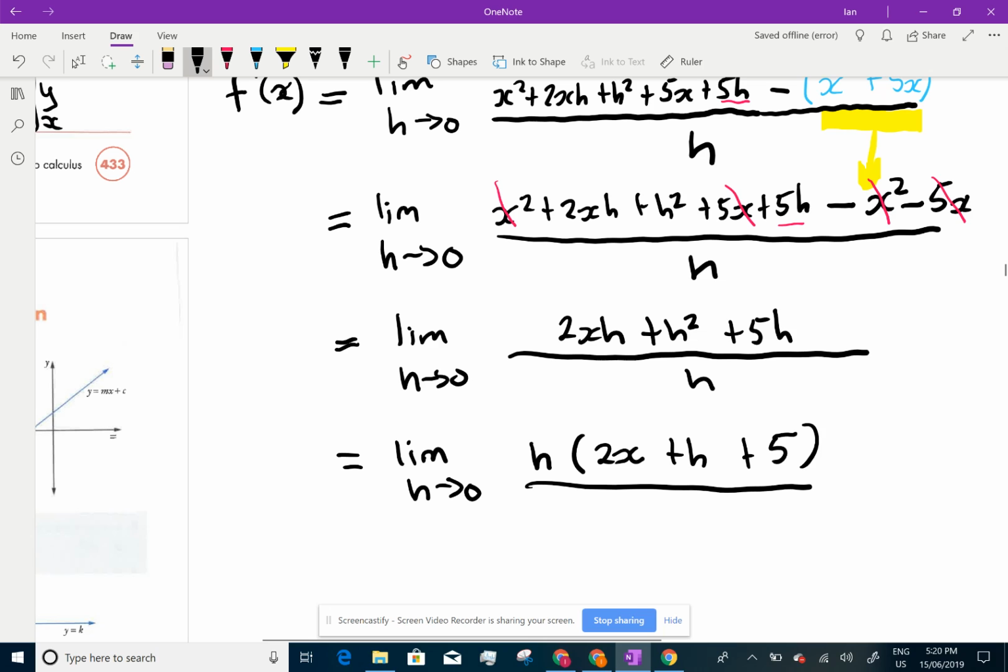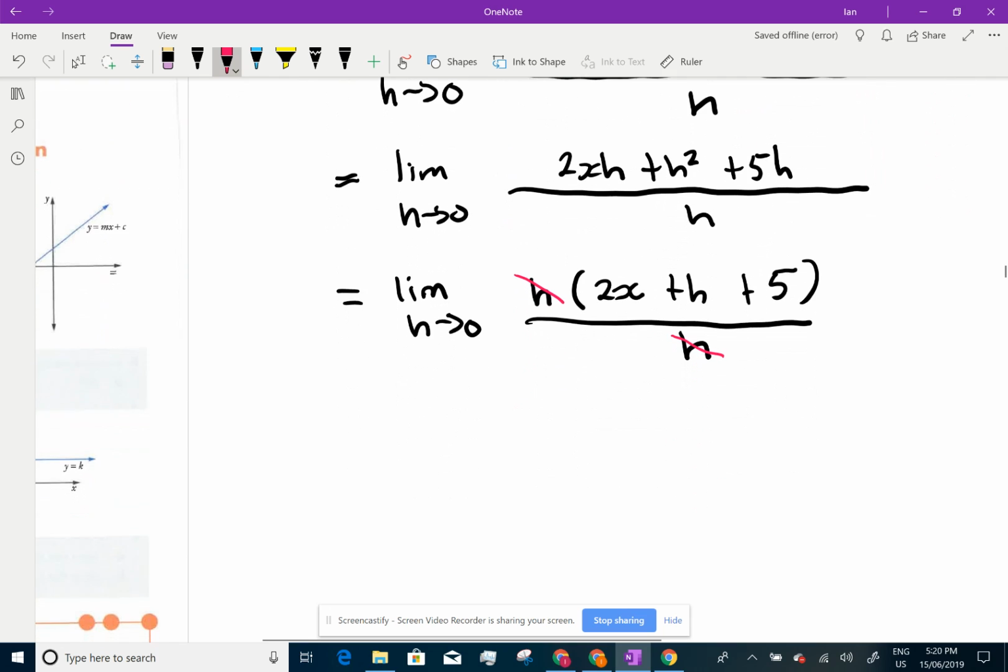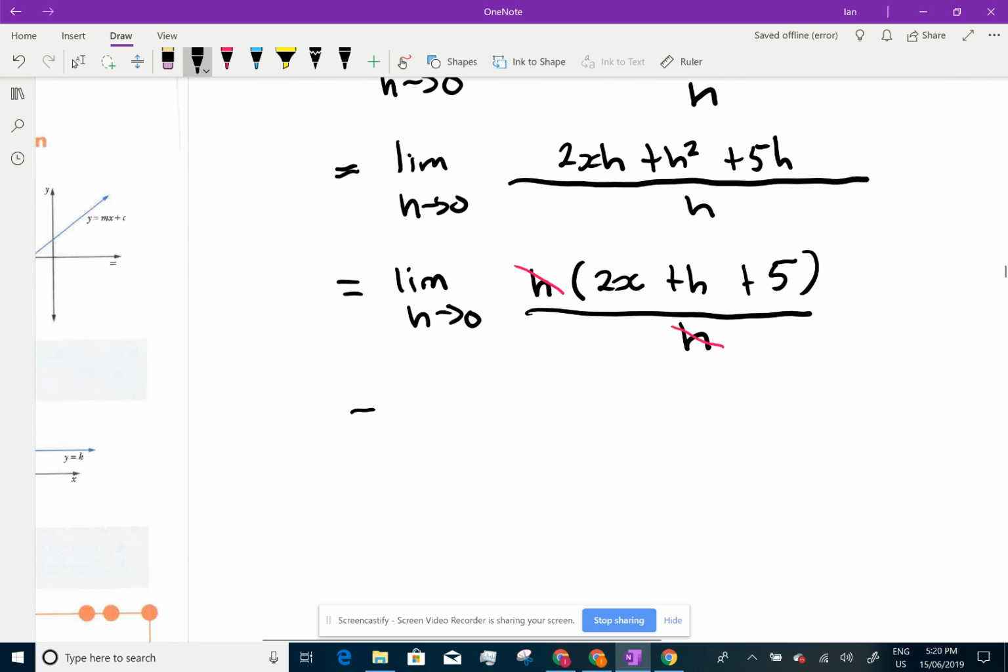And on the bottom, I've got h. The h will cancel, leaving me with this nice limit as h approaches 0 of 2x plus 5h plus 5.